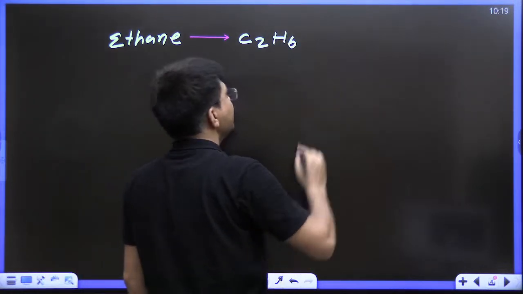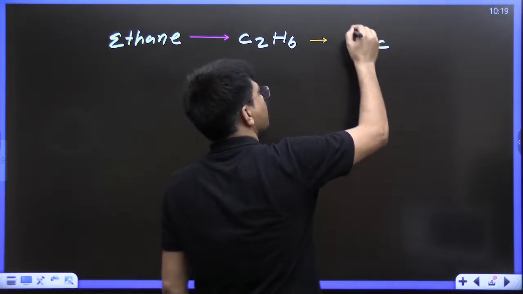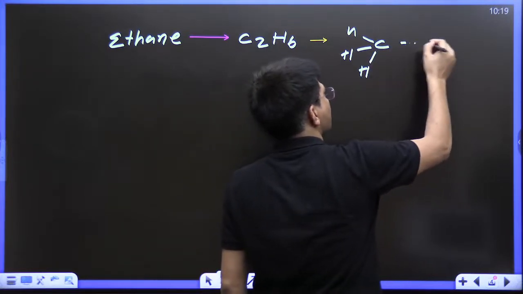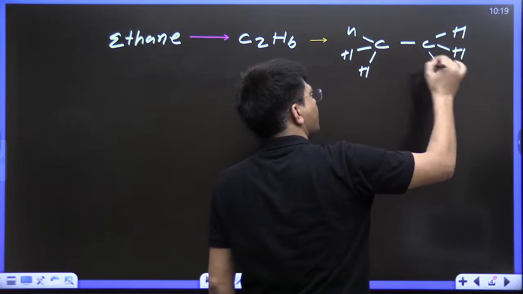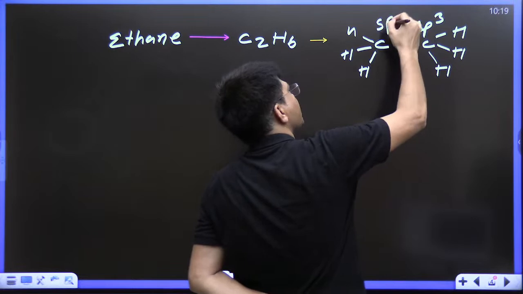Then we saw ethane like this: CH3, CH3. Then sp3 hybridized, sp3 hybridized.